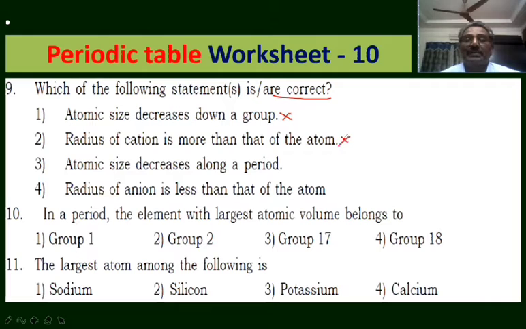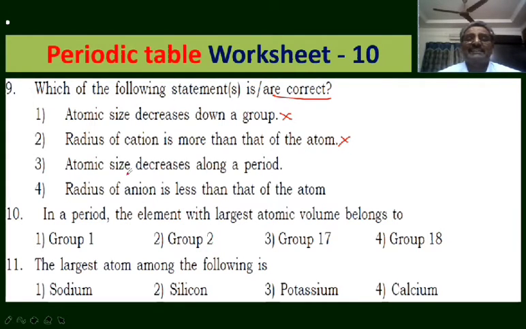This is also wrong. The radius of a cation is always smaller than the radius of the parent atom. The reason is, when an atom changes to a cation, the effective nuclear charge increases. As a result, the size decreases. So the radius of the cation is smaller than the atom. So the second statement is wrong.